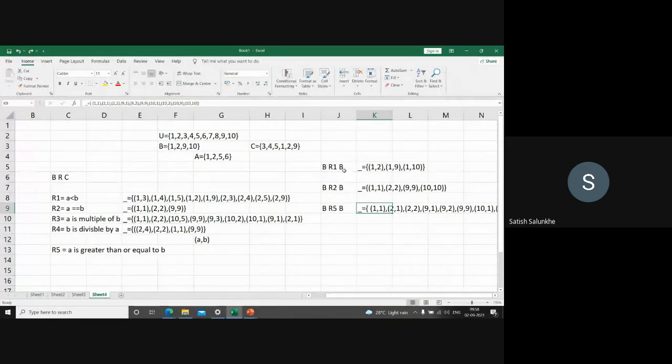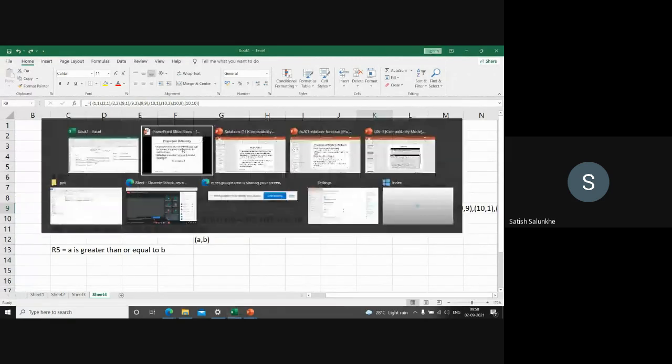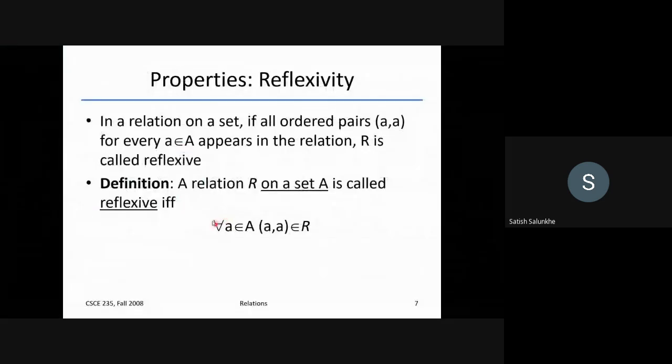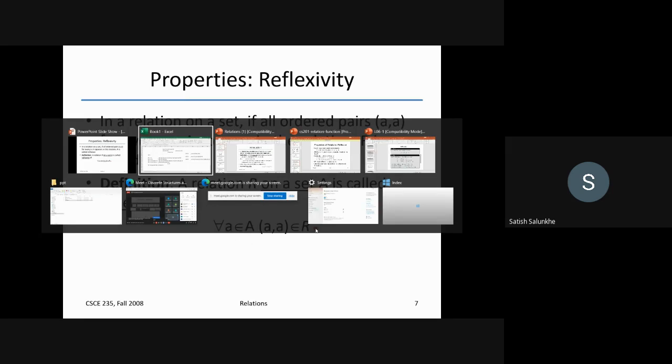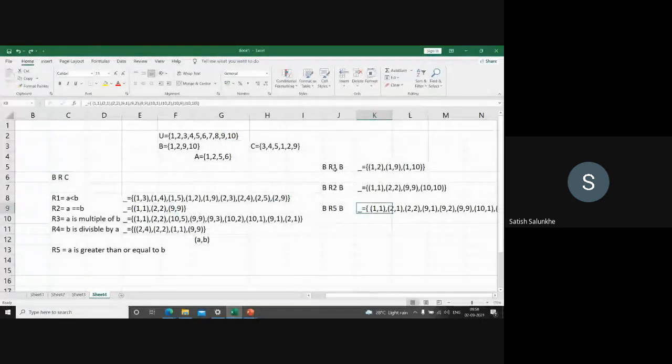So what is the definition when we say the relation is reflexive? For all elements A belonging to set A, if we have (A, A) belonging to R, we say relation R is reflexive. So can anybody tell me now, is R1 reflexive, yes or no?